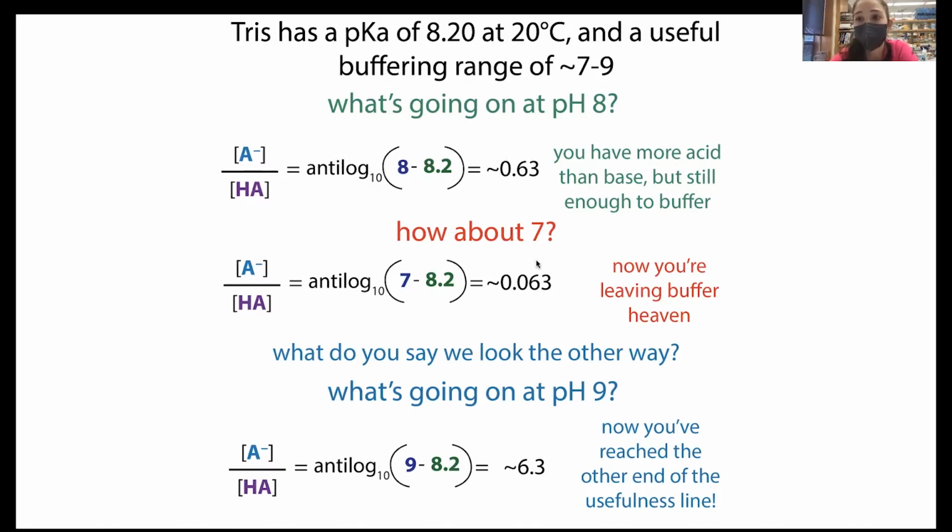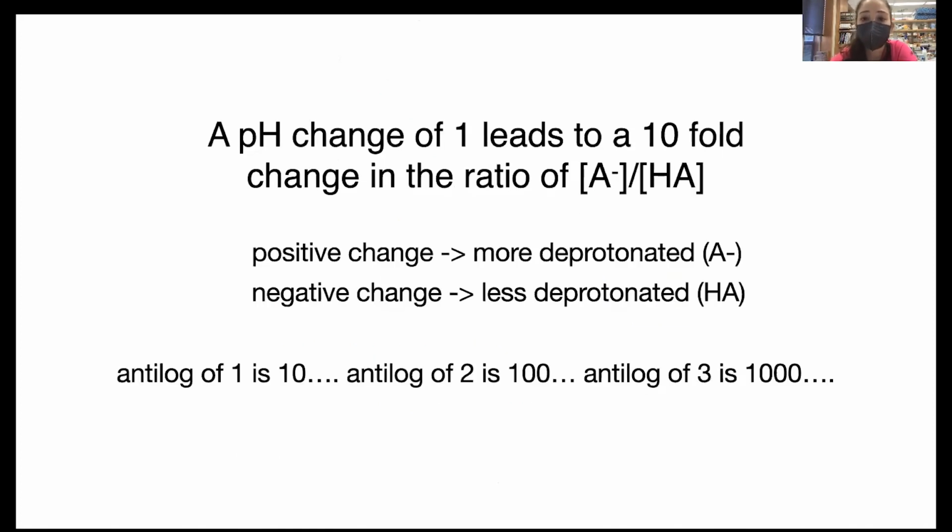So you're running really low on the ability to buffer. And if you go the other direction, at a pH of 9, you have 6.3 times more of the base than the acid, and so that's going to be a problem because you can't buffer. And so that's why this has this effect.